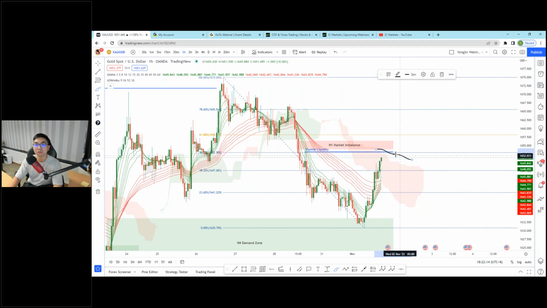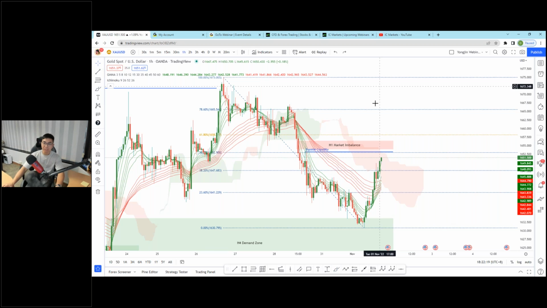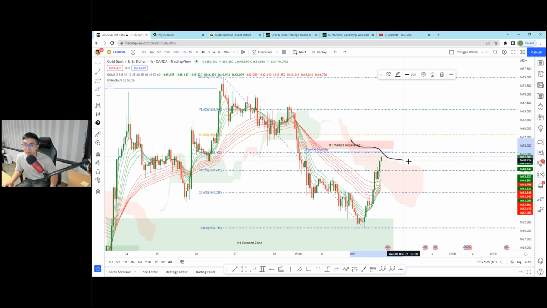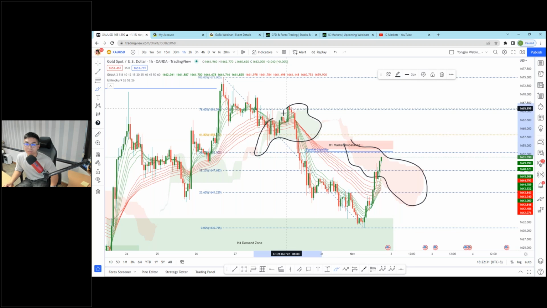The Ichimoku cloud might be hard to explain, but when price is inside the cloud, it's a hard area. It's harder to break a very thick red cloud. The thicker it is, the harder it is to break. You can see this area is a very thick green cloud. Price tried to break, went back up, and then it broke. It took quite a while to break that area.